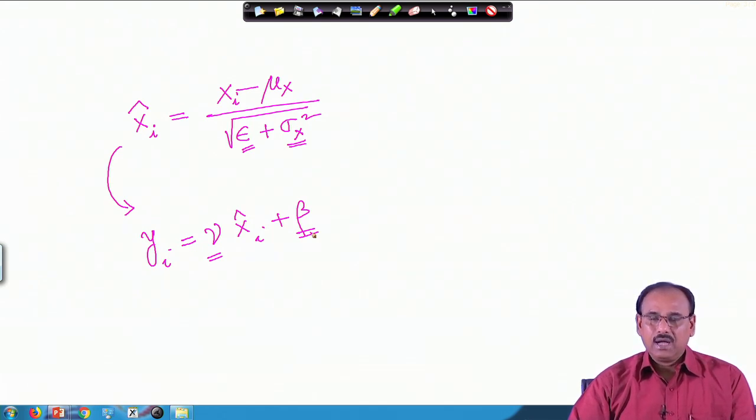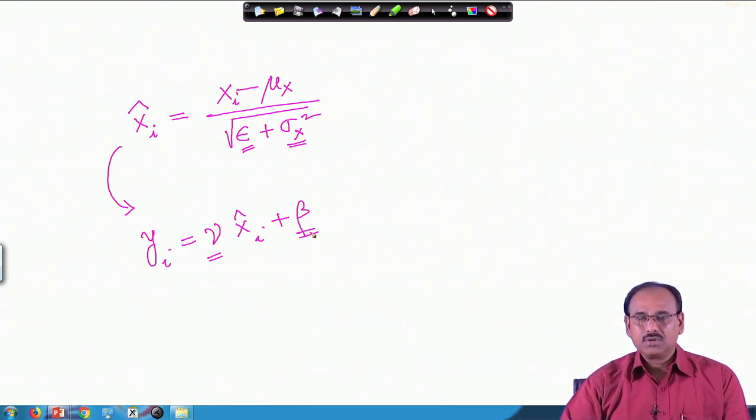And this gamma and beta are trained using the similar backpropagation algorithm along with the tuning of the parameters of your neural network. So, along with updating the weight vectors, you also update this gamma and beta. That is how gamma and beta are trained. As a result, through this normalization, what you are actually doing is reprojecting the data, or in other words, reparameterizing the data distribution.